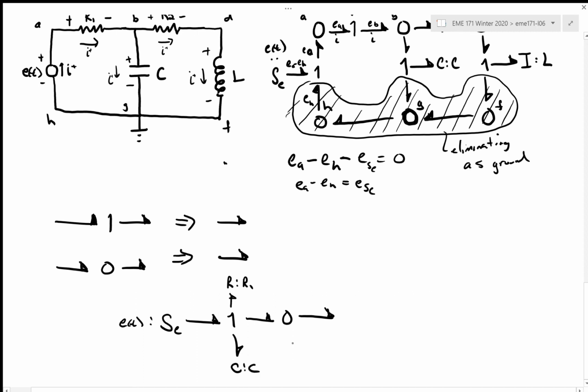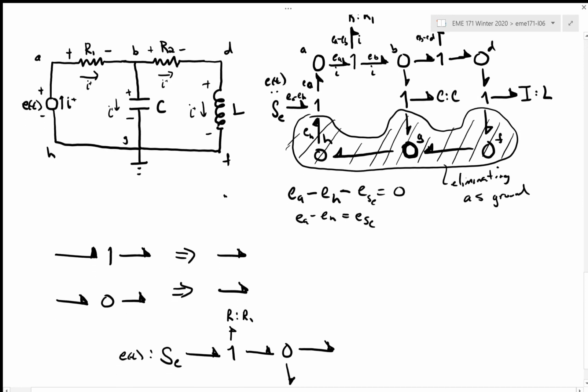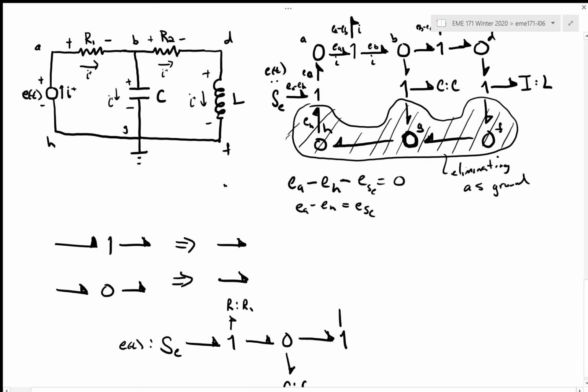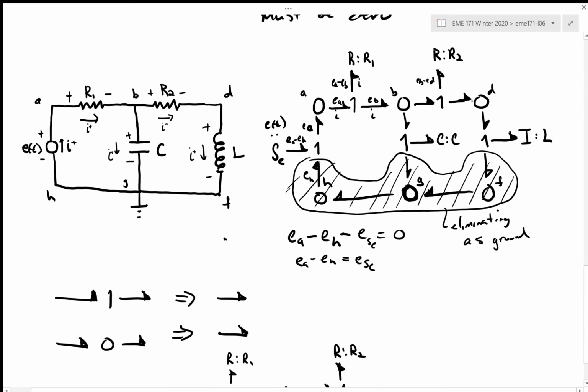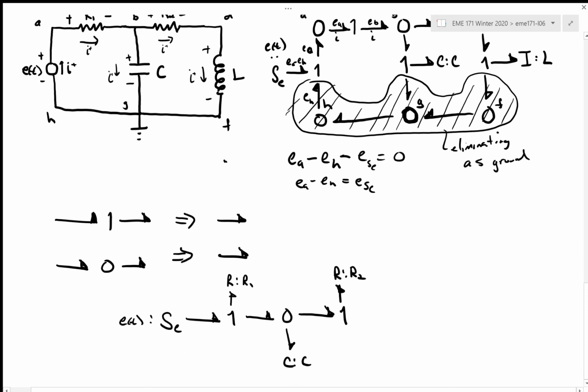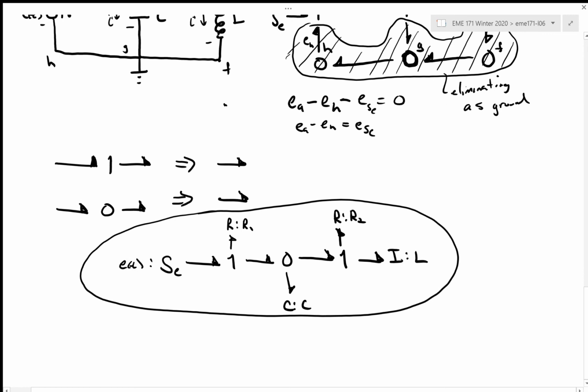Oh, I wrote that in the wrong spot. So that's that. And then I have another resistance. And that resistance has 2 2-port nodes there, so I can go straight to the I on the end. There we have it. This is a simplified final bond graph for that circuit.